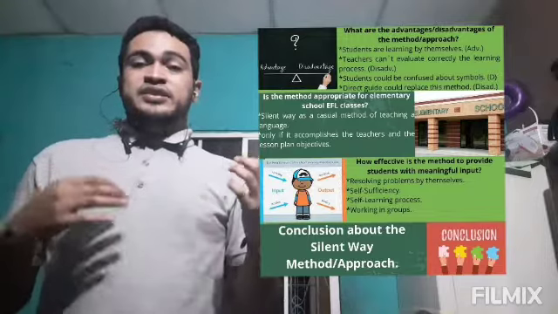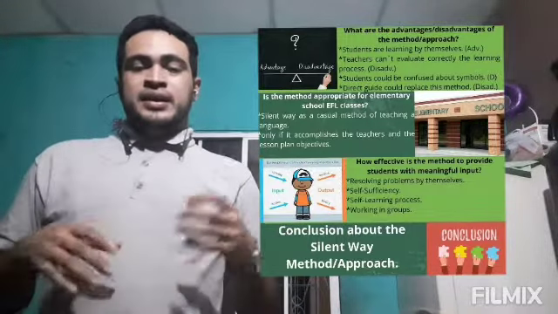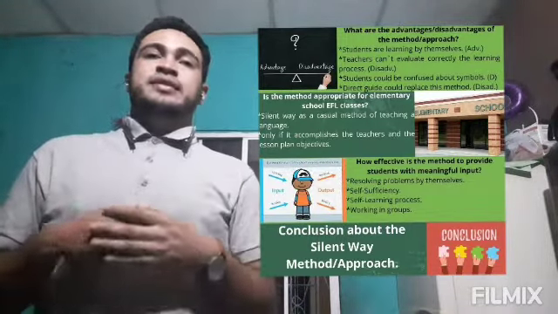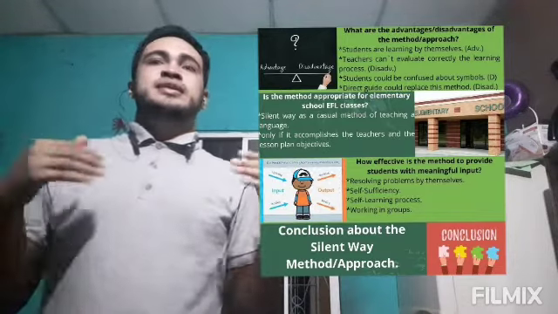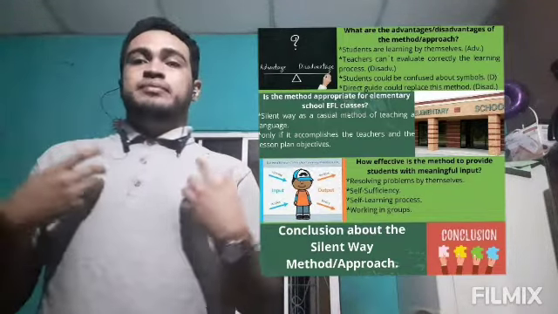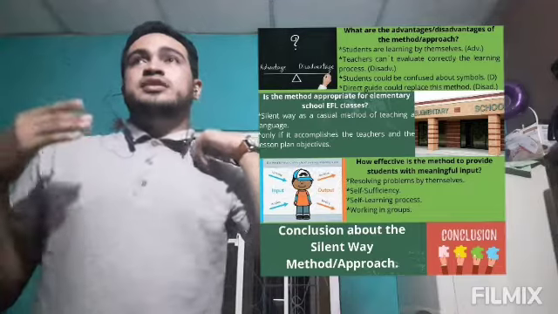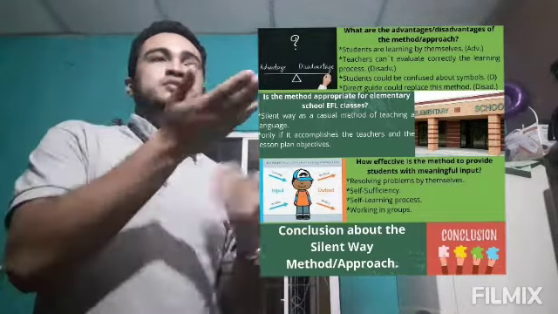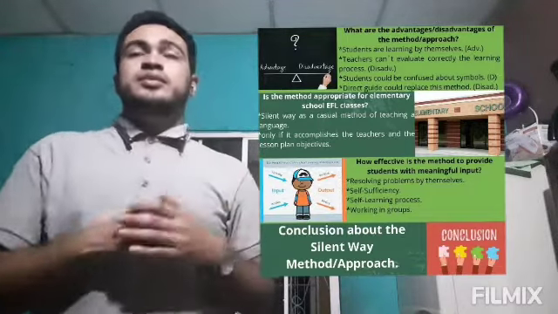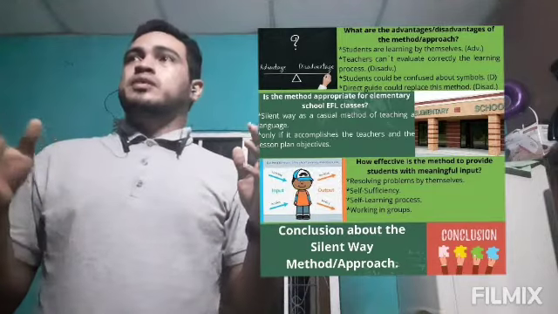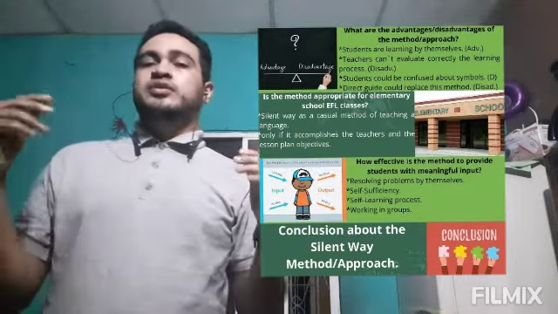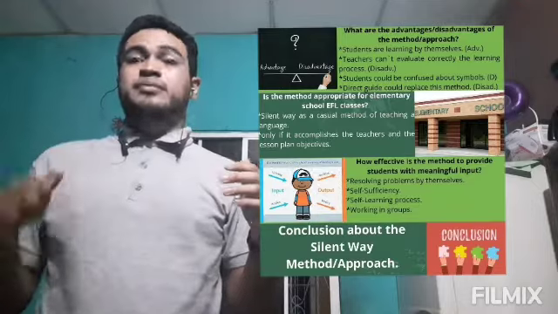The self-learning process, as I said before, is sometimes the better way to learn, by learning by themselves something that we don't understand from our teachers. So we get better results with the self-learning process.